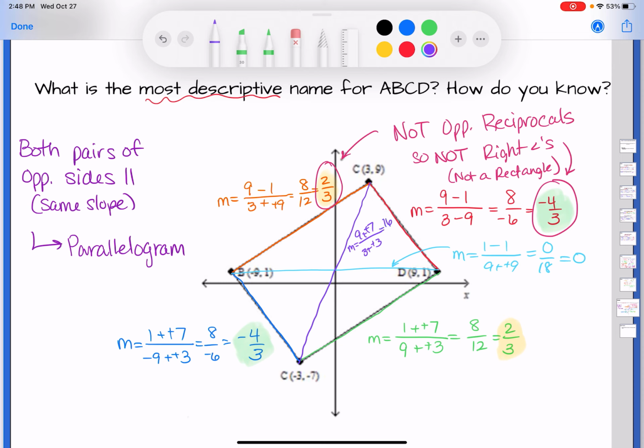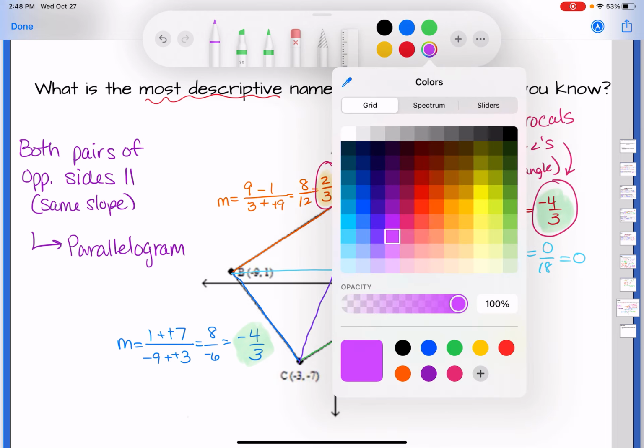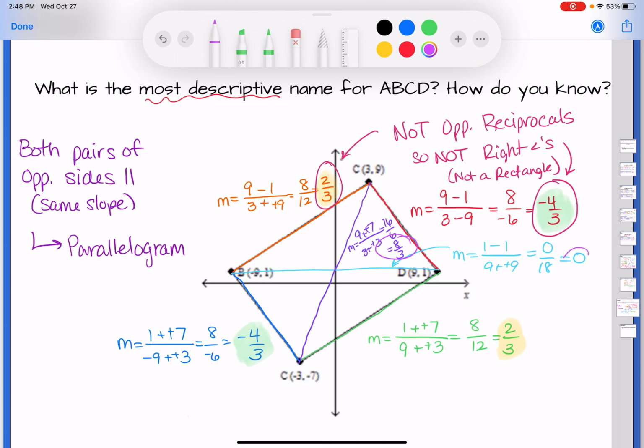That gives me 16 over 6, which is 8 over 3. That is not perpendicular. So my two diagonals are not perpendicular. So that's not a rhombus.